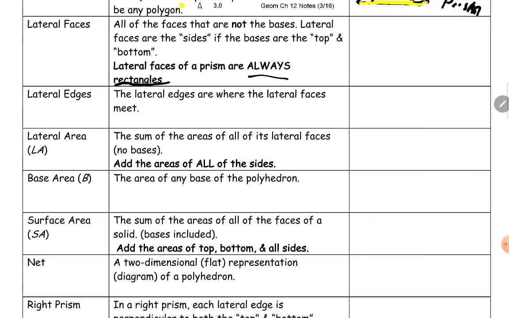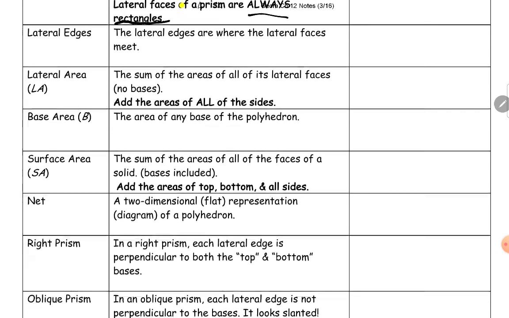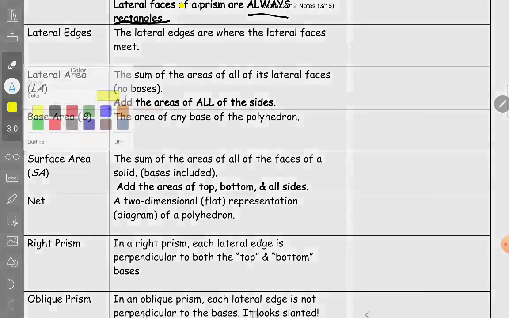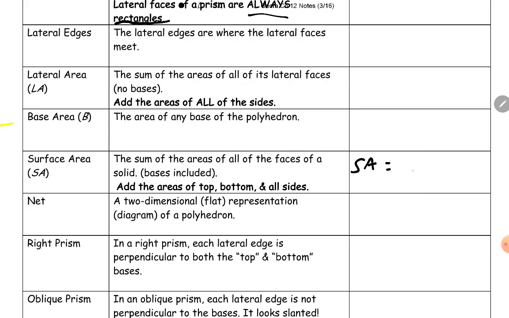If it's a rectangle, base times height, and so on. Surface area, usually denoted SA, is equal to the area of both bases plus all the area of the lateral faces.